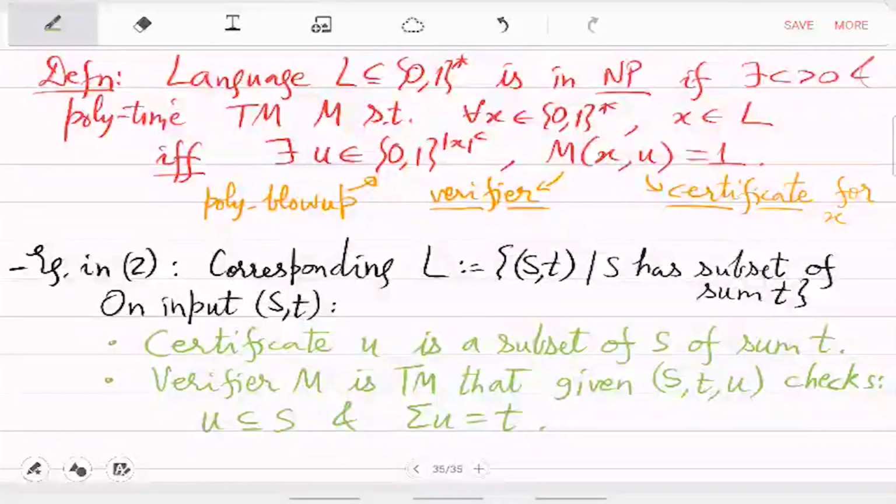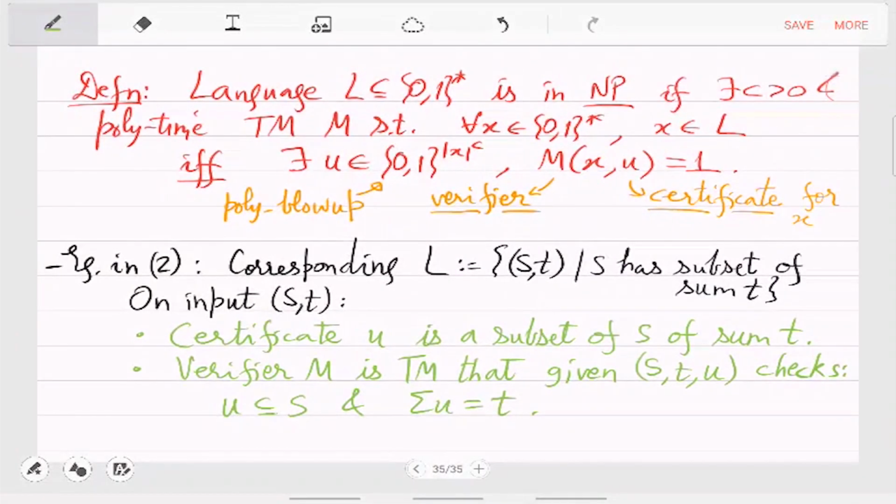You can check the other conditions also, that the size of U is smaller than the size of S comma T. Obviously, because S was in the input and U is a subset, so its size is upper bounded. So there is no size blow up in the certificate, and M is polytime.